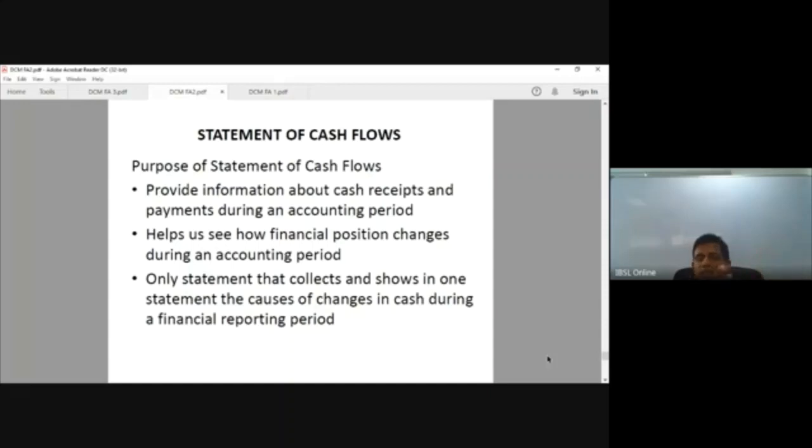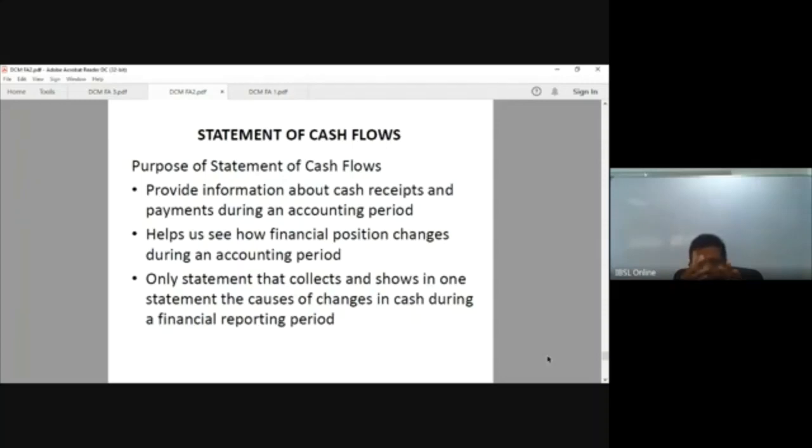There can be profit, but there can be no cash. We can see some companies with higher profit that are not declaring dividends because of cash issues. Therefore, profit and cash are two different concepts. You have to strike a balance between these two. This is a very important matter when you are analyzing the cash flow statement.